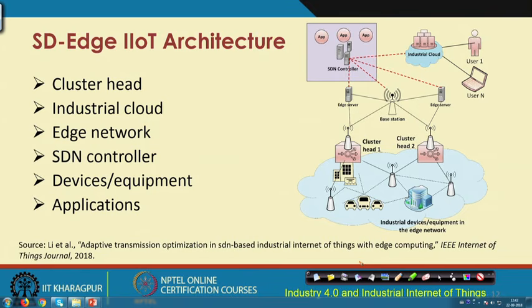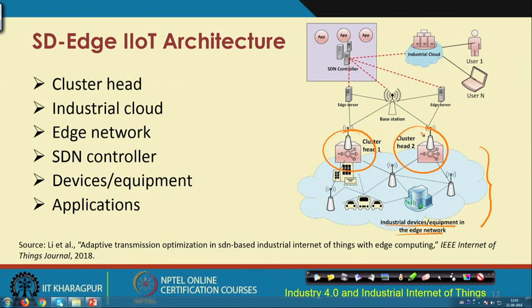So, software defined edge for IIoT, this is the overall architecture. You have different industrial devices and equipments in the edge network like the ones that are shown over here, and then you have these different cluster heads, and you have these edge servers thereafter, which are going to be inter-networked in this particular manner, and then you have this SDN controller which is sitting on top in order to control the entire thing.